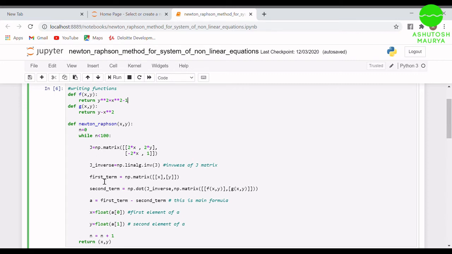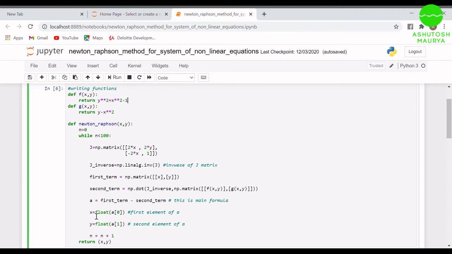Our first term equals np dot matrix x and y, and the second term equals the dot product of J inverse and this matrix which is made of f and g, and A equals first term minus second term. Now we have to again feed x and y.